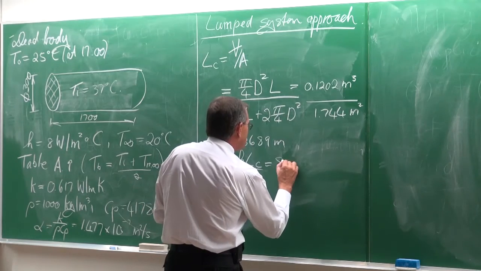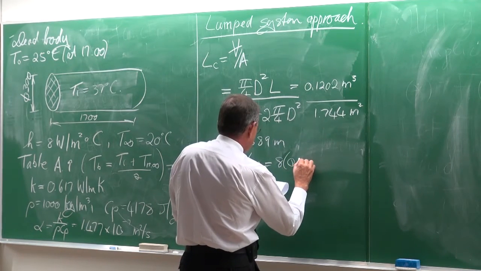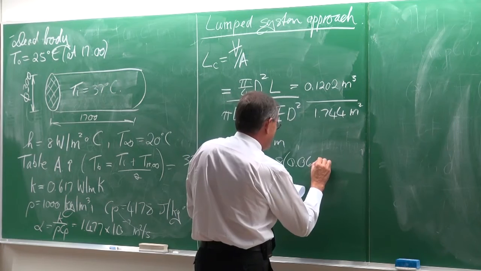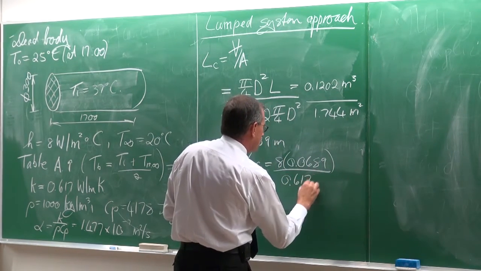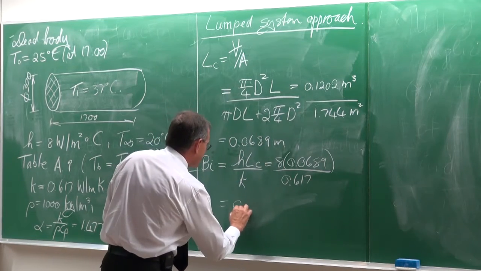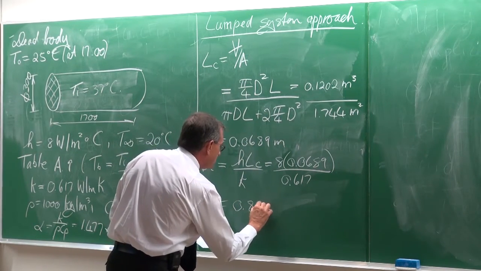So the heat transfer coefficient is 8. The characteristic length is equal to 0.0689, divided by the thermal conductivity, 0.617, and that gives us a Biot number of 0.89.